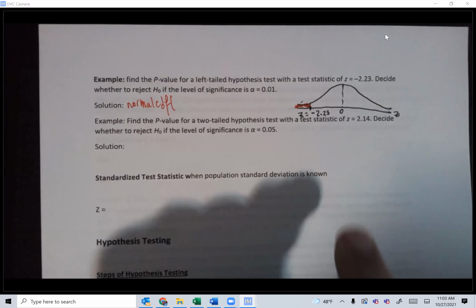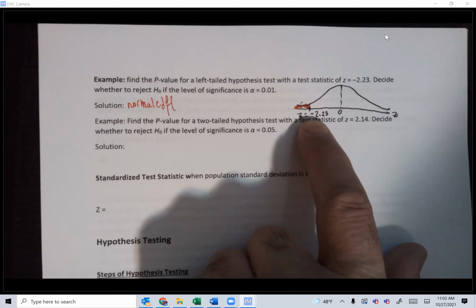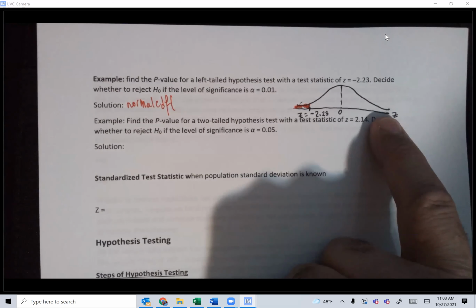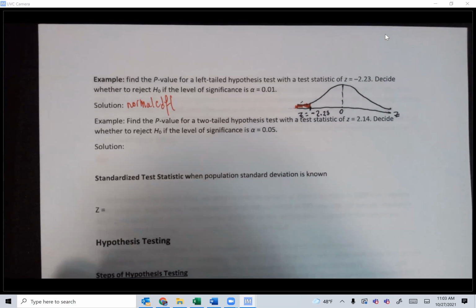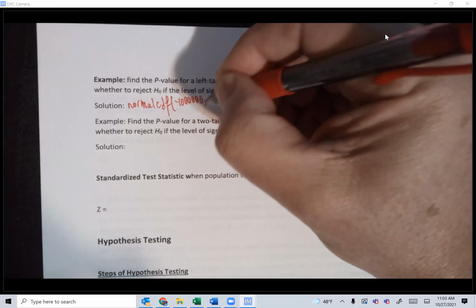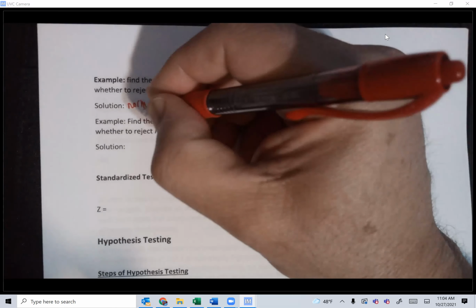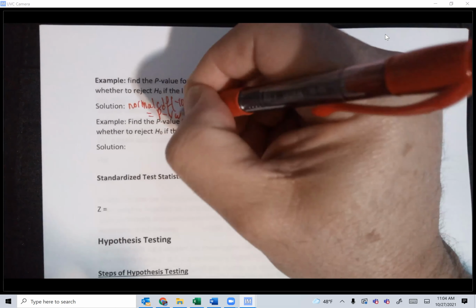If it is a left tail test, guys, your p-value is the probability of z less than. If it is a right tail test, then your p-value will be the probability of z greater than. So negative 1 million, negative 2.2301, and this is the p-value. It's a probability.